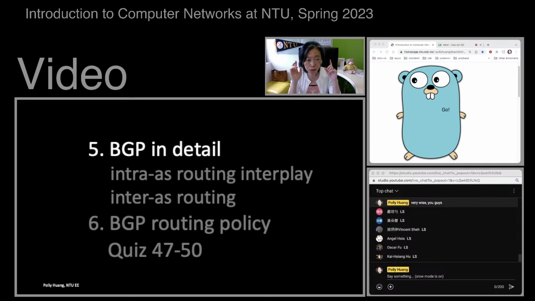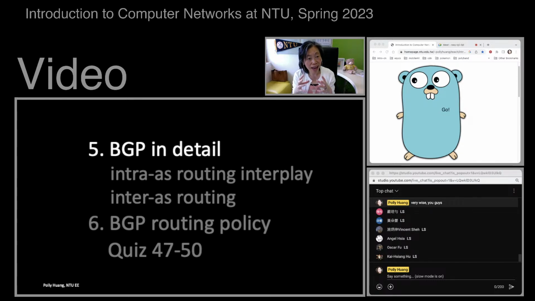If you recall the overview videos about internet routing, we have inter-AS routing and intra-AS routing, and there's also interplay of the two, such that we can ensure data coming from an internal router inside an AS can still go outside of the AS.